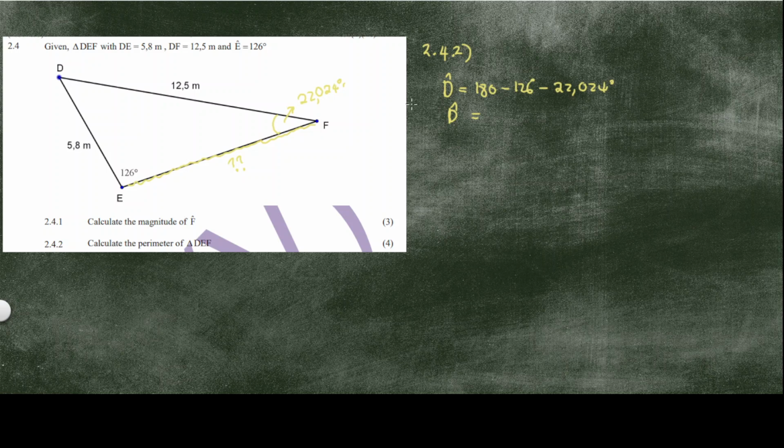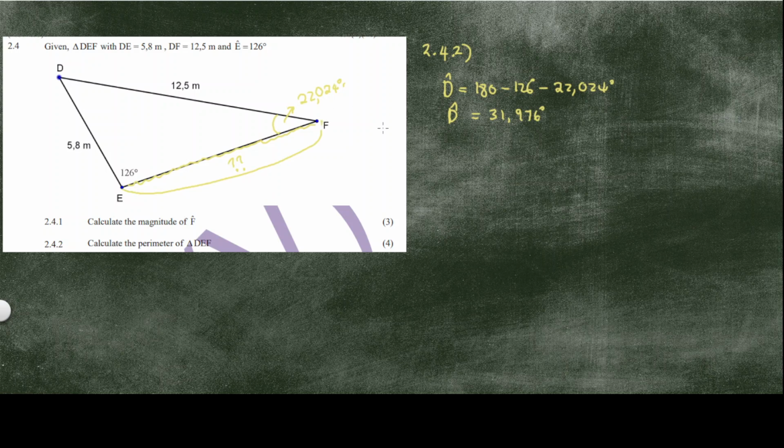180 minus 126 minus 22.024 gives 31.976, which is angle D. Then you can use the sine rule to calculate EF.